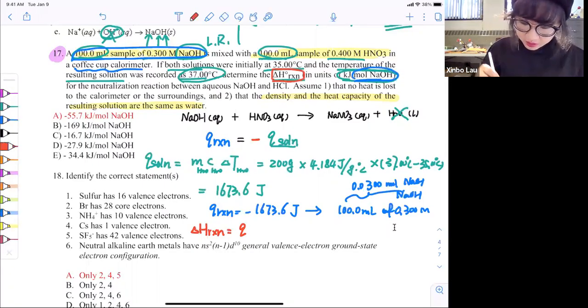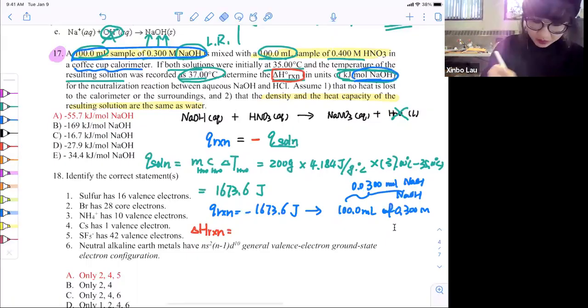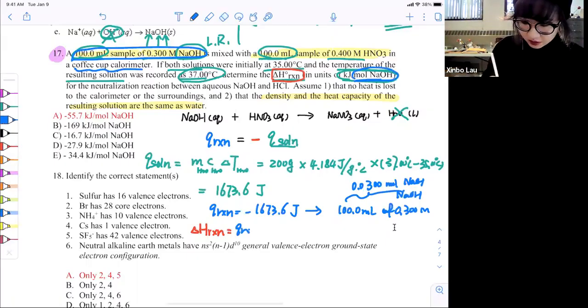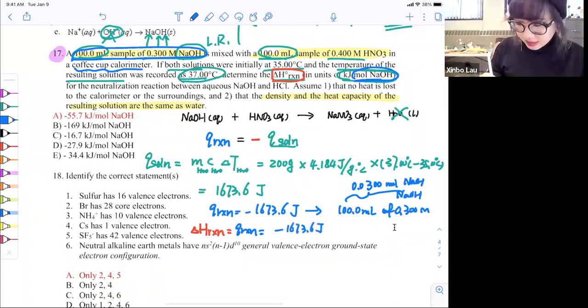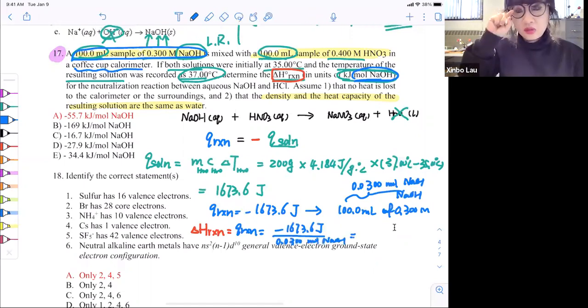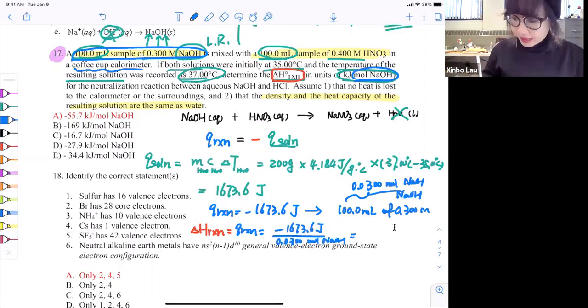They equal each other. So it will equal negative 1673.6 coming from 0.03 moles of sodium hydroxide. Do this calculation, and we'll get negative 55.7 kilojoules per mole of sodium hydroxide.